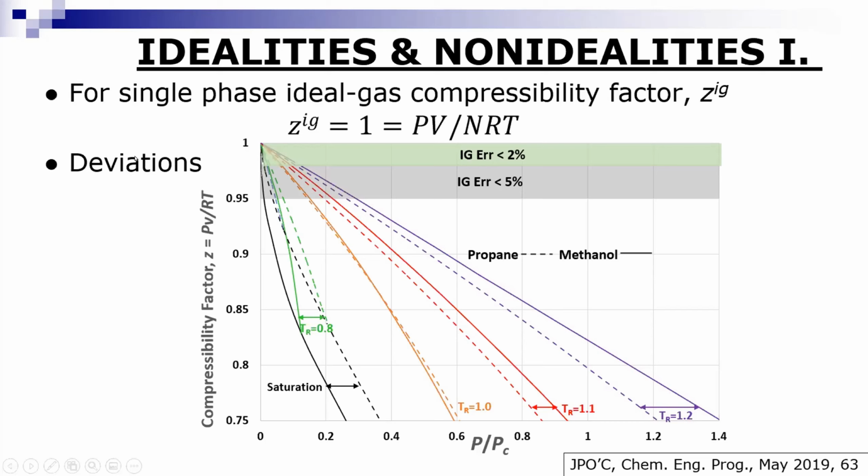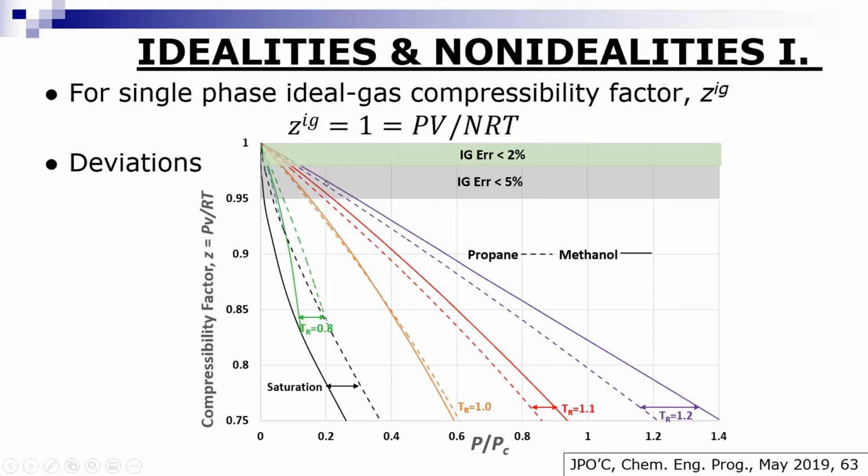So this would be the case in which we plot the compressibility factor as a function of pressure for different isotherms. And we do it for two different substances, propane, which is non-polar, and methanol, which is highly polar.